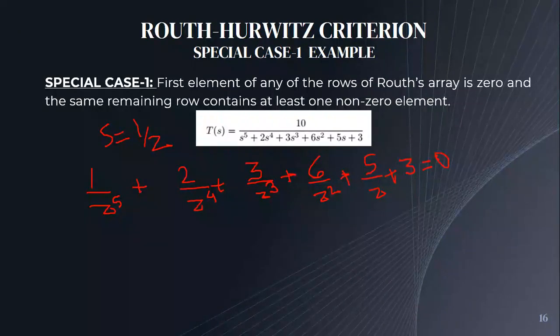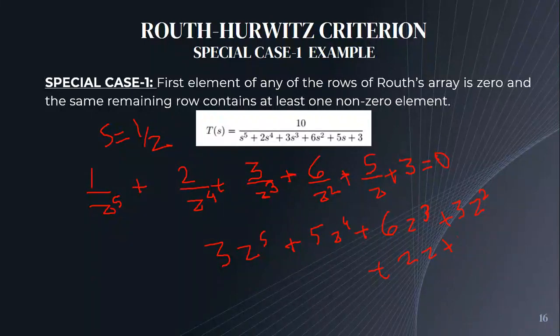Now if I take the LCM and arrange the terms, what I'll get is 3z raised to 5, plus 5z raised to 4, plus 6z cube, plus 3z square, plus 2z, plus 1.